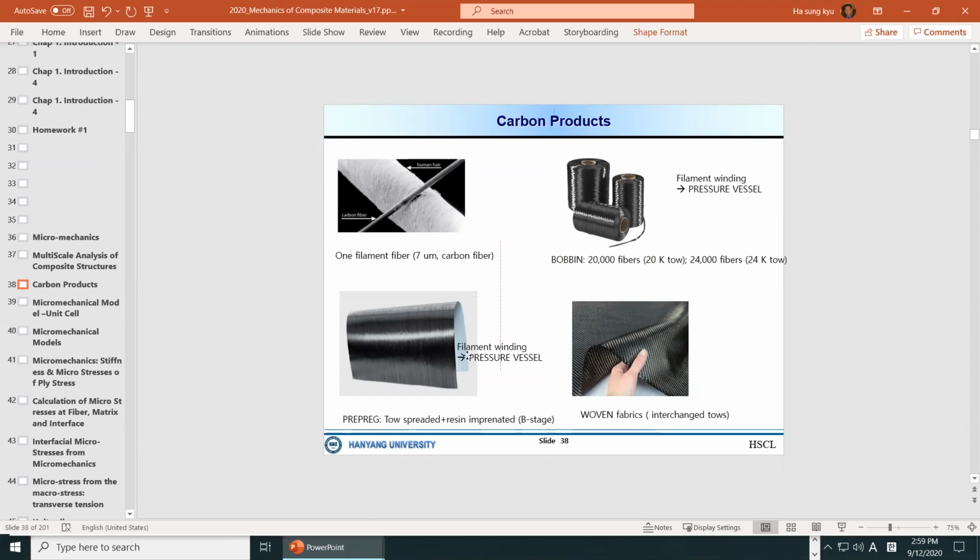This one is the most high quality, and this is the layered, and then autoclave, and I would say aerospace structures.